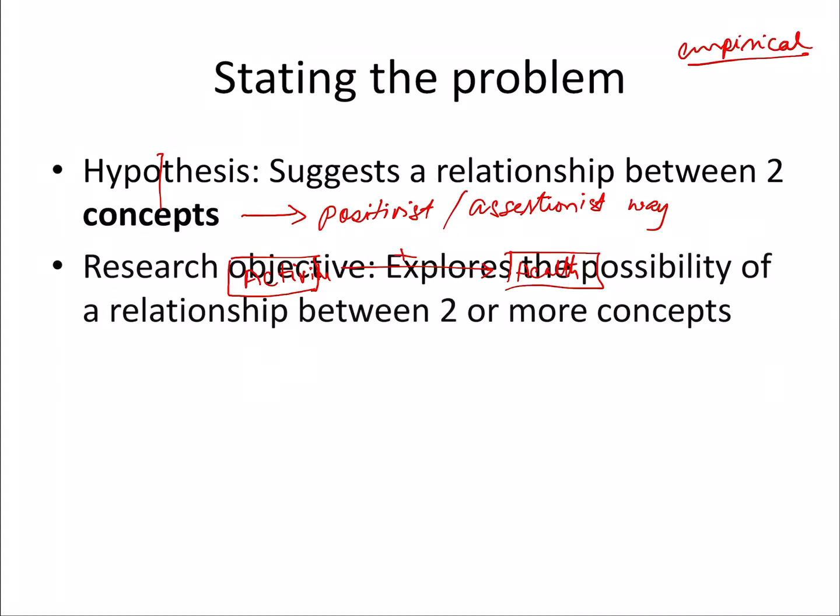The alternative to a hypothesis is a research objective. Now, the research objective does not necessarily state a relationship between two concepts, because oftentimes when we're doing research, we do not know that there's a relationship between two concepts, and sometimes, especially in qualitative research, we don't even know what the concepts are, and our research starts off being quite exploratory, and we find concepts and variables to those concepts as we move through the research.